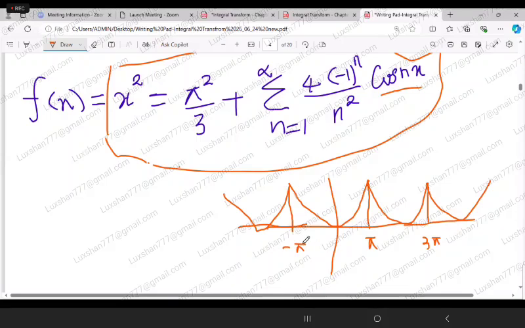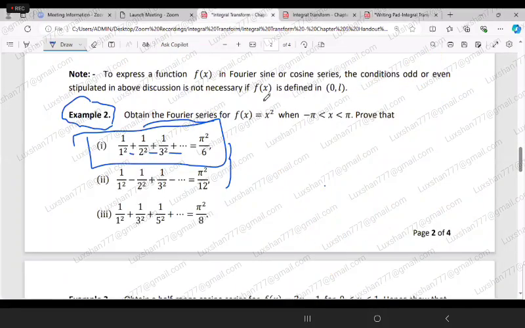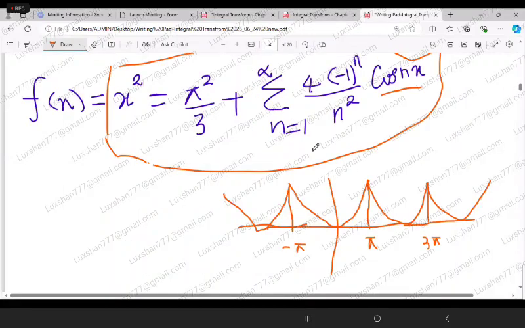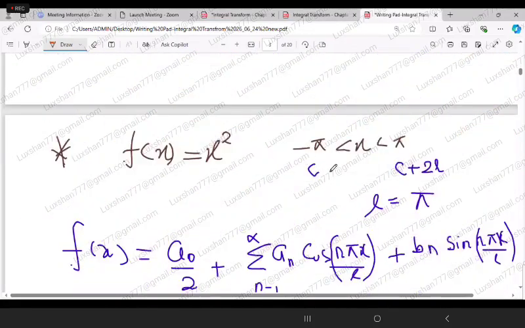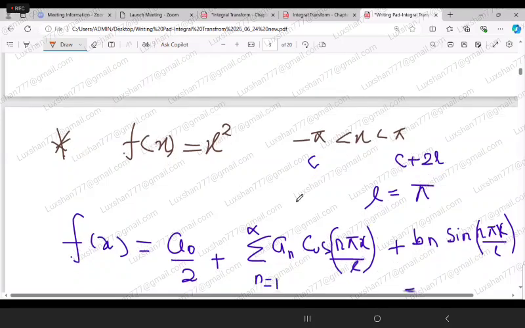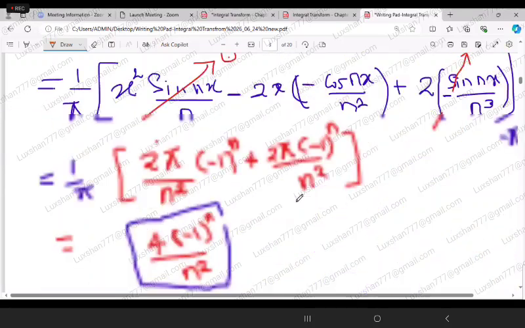It goes in that way. That is the meaning, because x squared is not a periodic function. They have given x squared only for this range, meaning that it can be extended so that it is periodic.